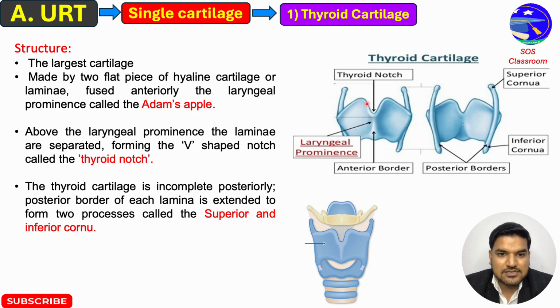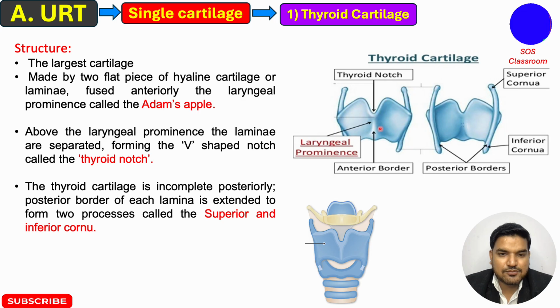Just above the Adam's apple, you can see a notch in a V shape. There is no lamina here, forming a V shape at the top of the thyroid cartilage. This V shape is called the thyroid notch. Next, posteriorly, this cartilage is incomplete.